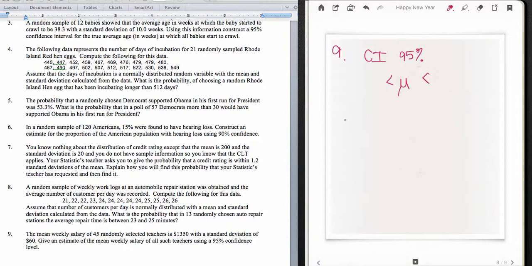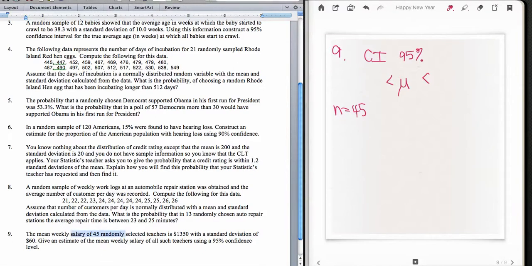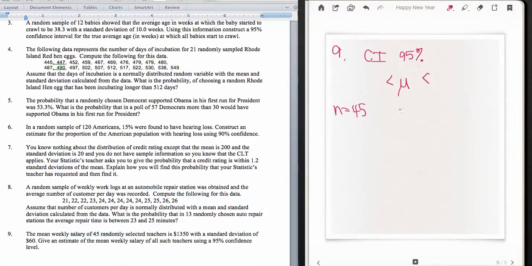Now we need to investigate. Our n is 45, right? Because it says the salary for 45 randomly chosen teachers. So n's 45. So this is greater than 30, and therefore we're going to use a z critical value.